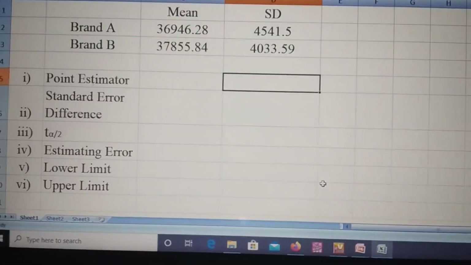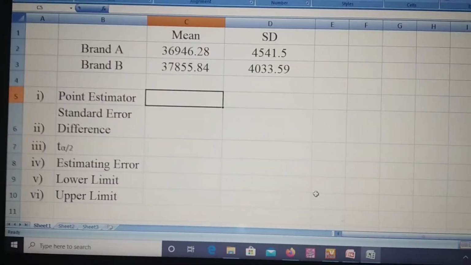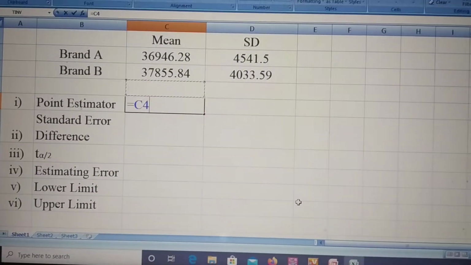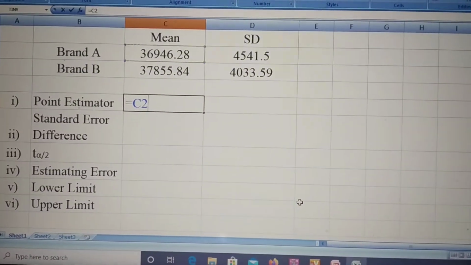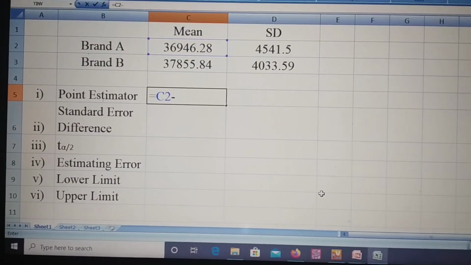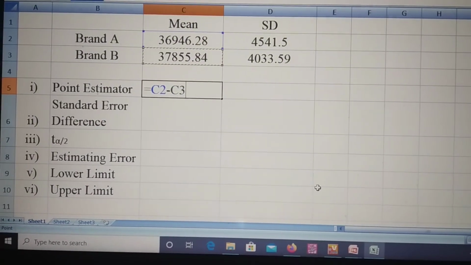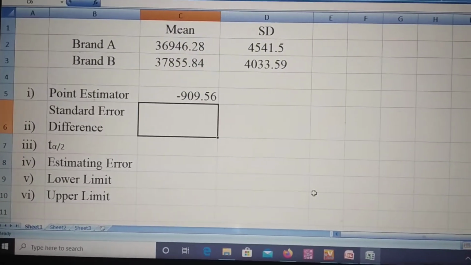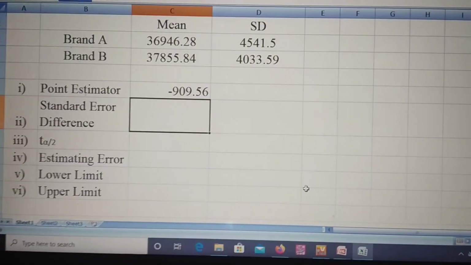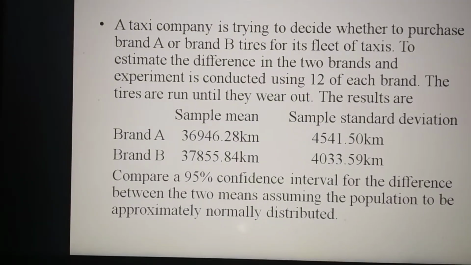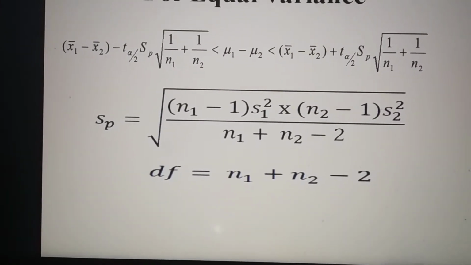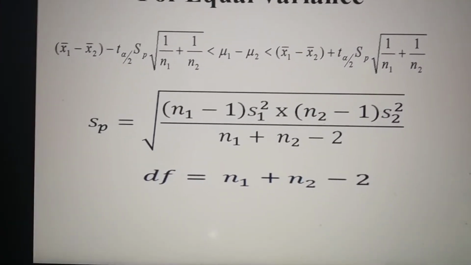For the first requirement we have the point estimator, that is x1 bar minus x2 bar. We get the answer of point estimator, that is 909.56.